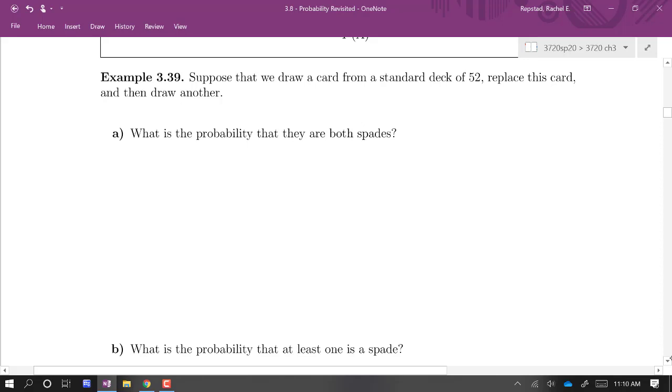All right, well, let A be the event that the first card is a spade, and we'll let B be the event that the second card is a spade.